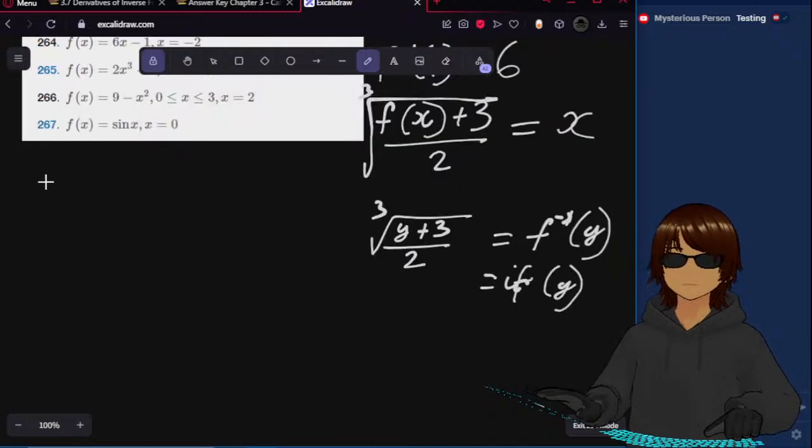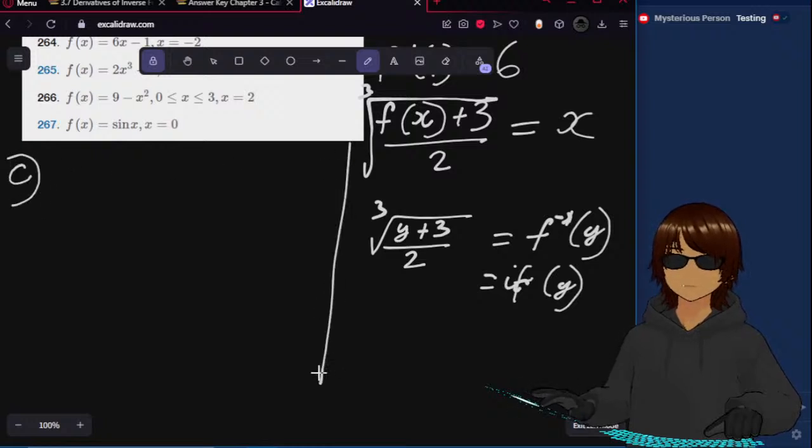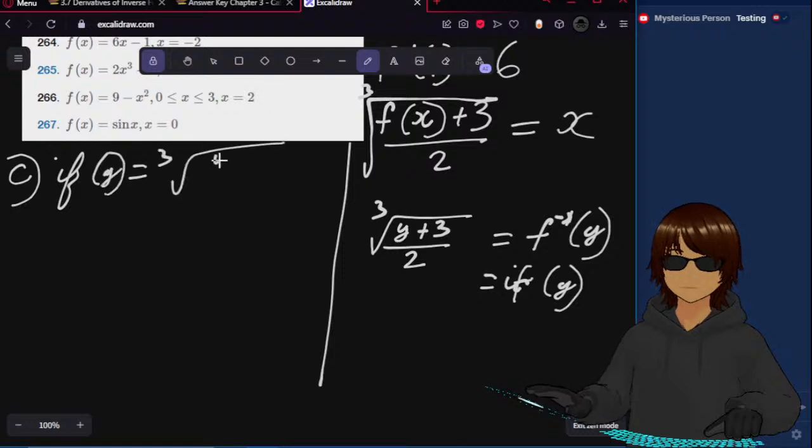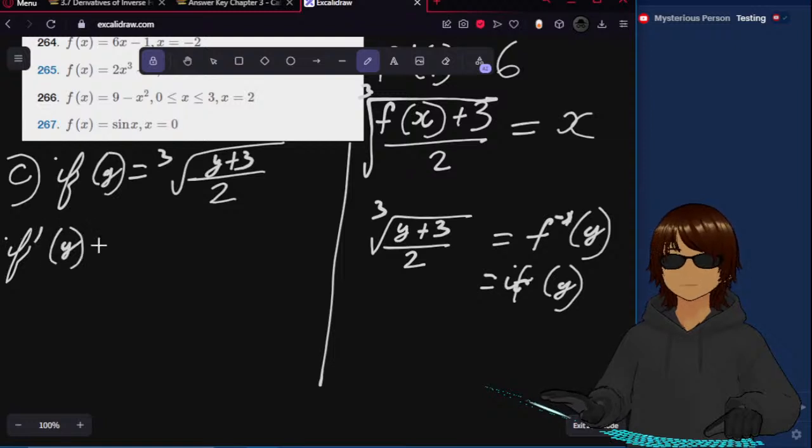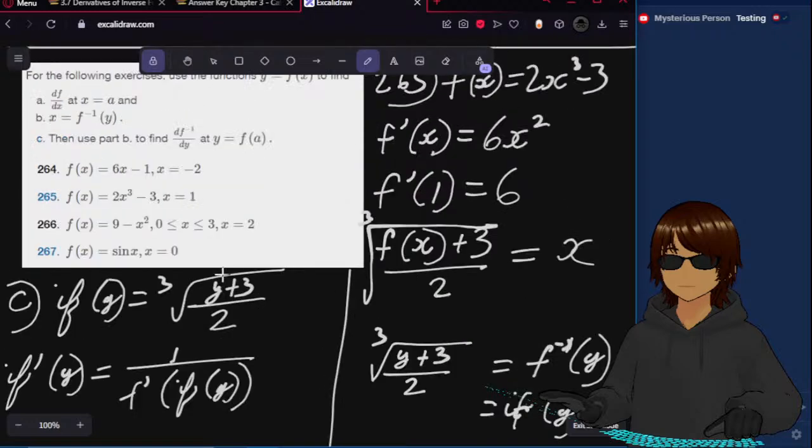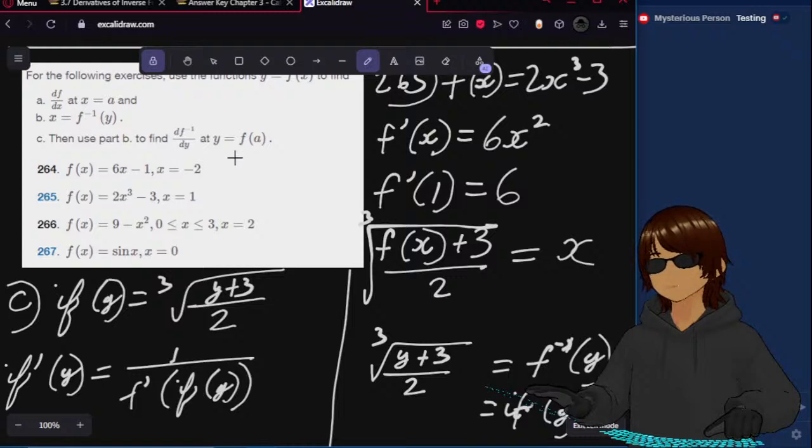Okay. Um, the derivative of this is 1 over derivative of f. We are finding the derivative at f of a.